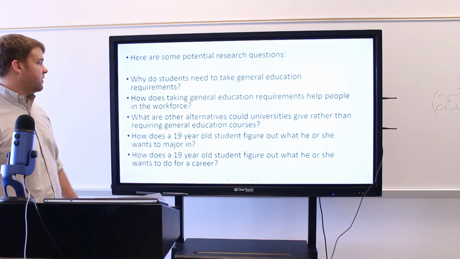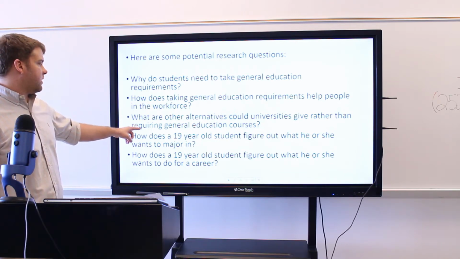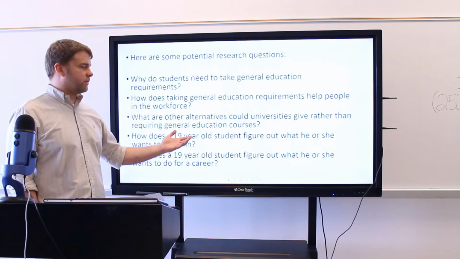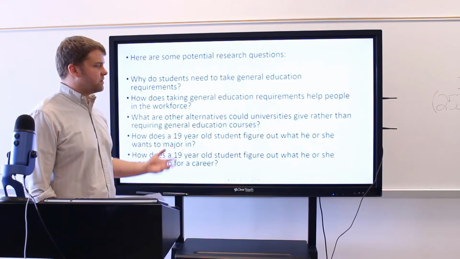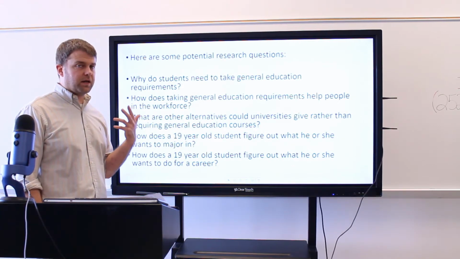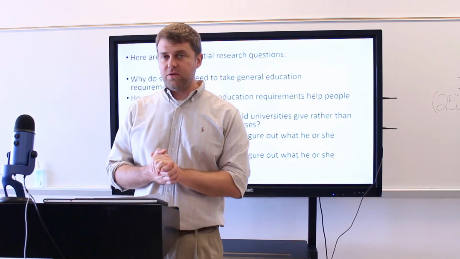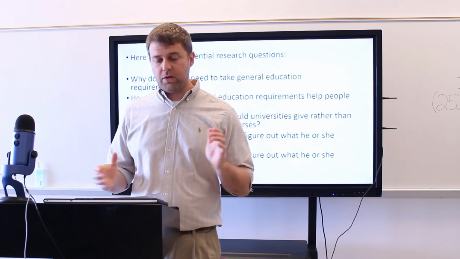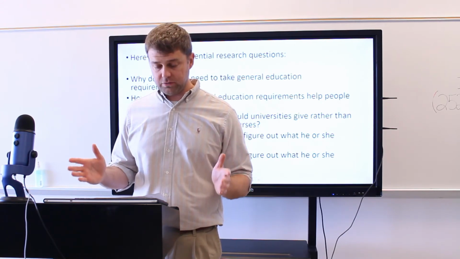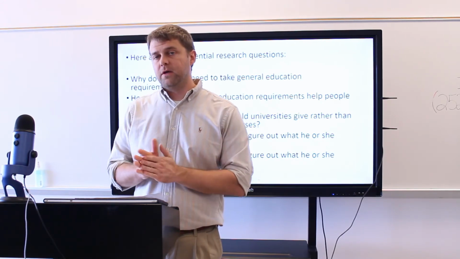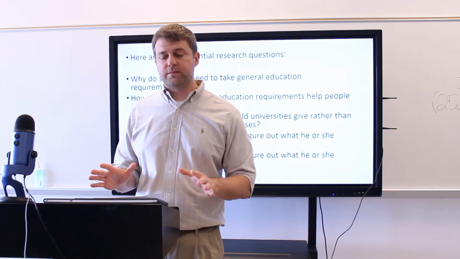What are other alternatives universities could give rather than requiring general education courses? Things like this, you could choose and just keep in the back of your mind as you're looking for sources. I will ask you to find keywords in 3 of your essays, and to find a research question, at least one question, in your essays. So I just wanted to go over that real quick.